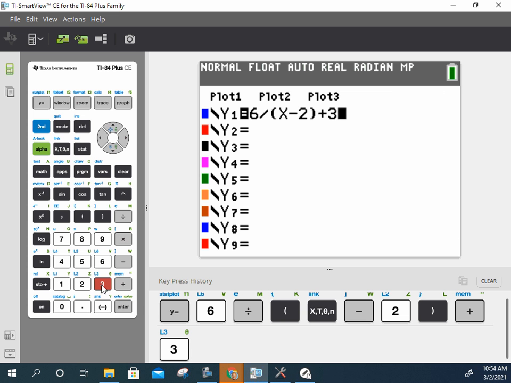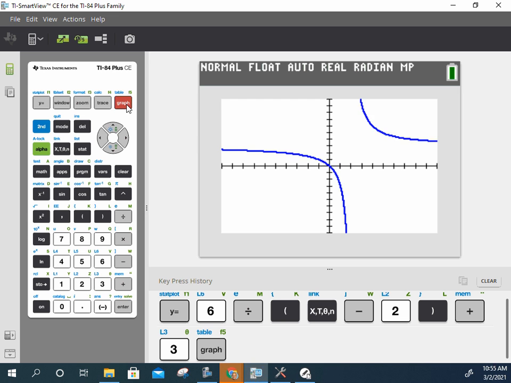Now we're going to take a sneak peek at the graph. We want to see what this graph should look like. So to take a sneak peek, let's press graph. Now, most graphing calculators do not graph asymptotes.